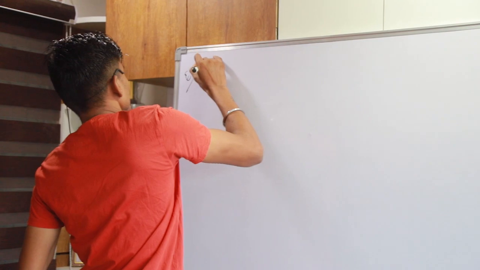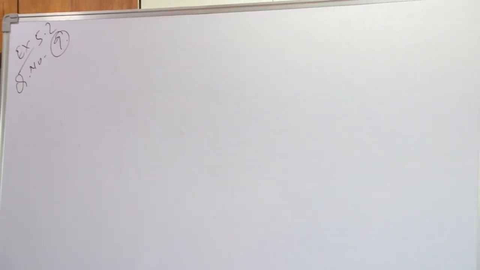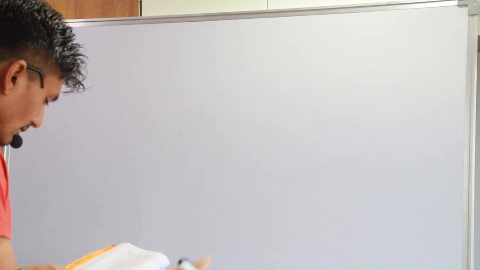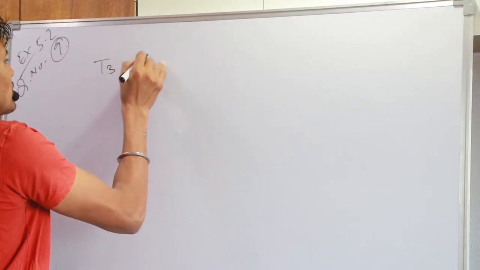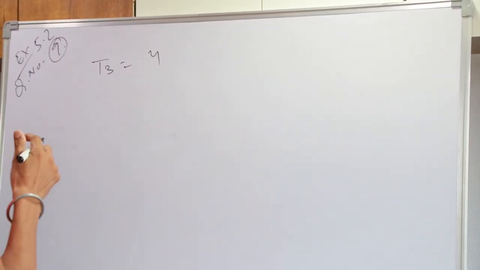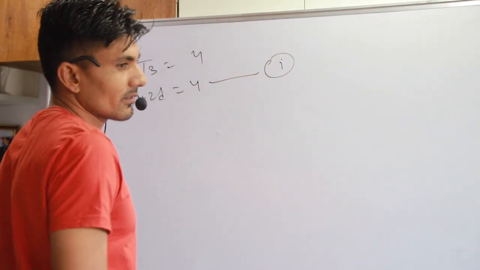Exercise 5.2, question number 9. If the third term is 4, T3 equal to 4, that means we have to write A plus 2D equal to 4. That is equation number 1.